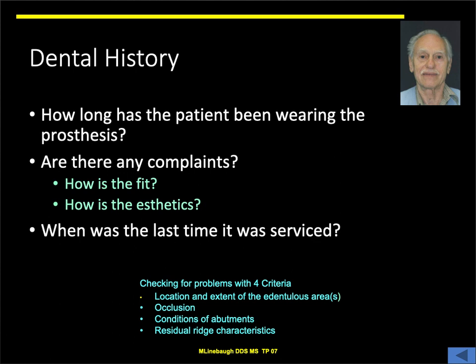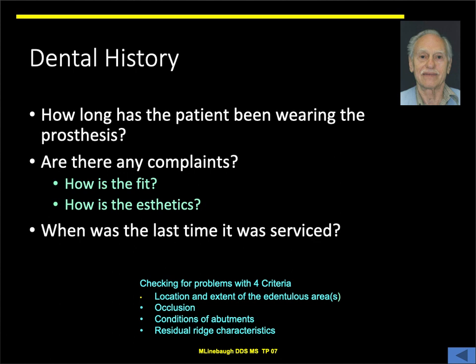So when we come up with the treatment planning, we have to have some data. For example, in the dental history, if a patient walks into the clinic with an existing restoration, and that existing restoration, the denture or the crown and bridge, is not usable anymore, the first thing is to know how long the patient has been wearing it. Do they have any complaints?